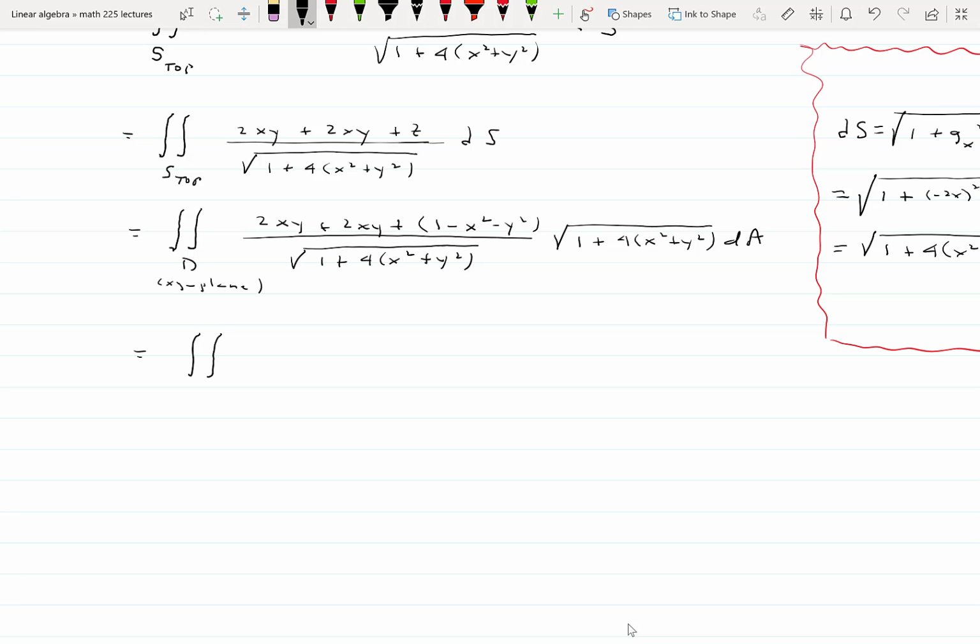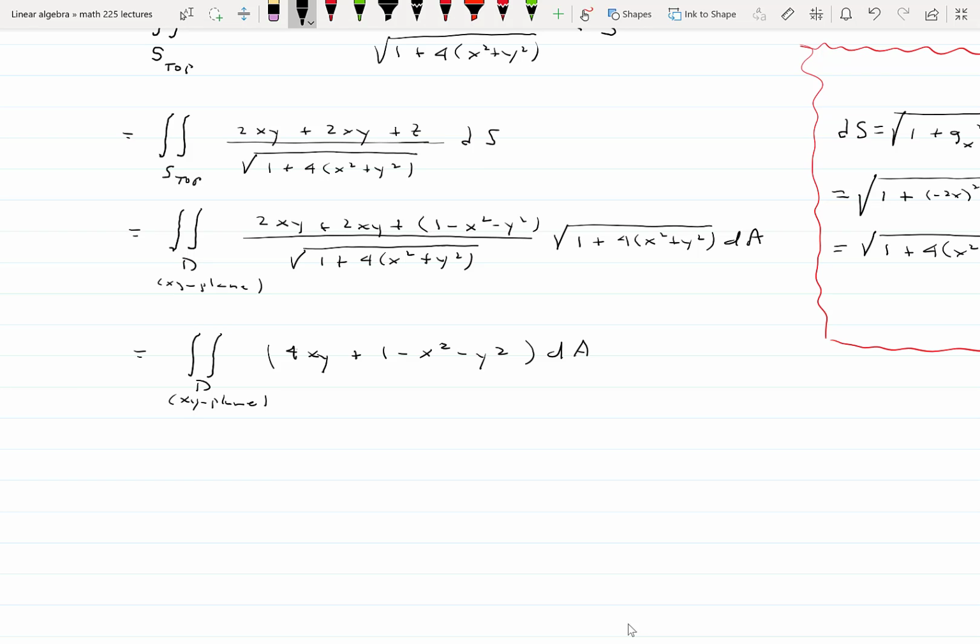So this is the double integral over D in the xy plane of 4xy plus 1 minus x squared minus y squared dA. And this is a regular old double integral from our past.